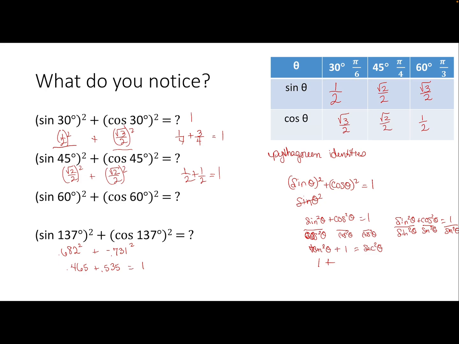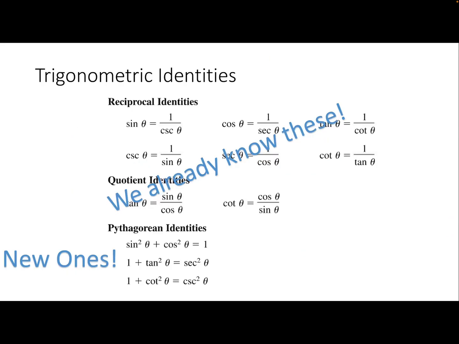Cosine over sine is the cotangent, so cosine squared over sine squared makes sense that it would be the cotangent squared. And 1 over the sine squared is the reciprocal of the cosecant. So we have 2 more trig Pythagorean identities. And so these are our new ones.